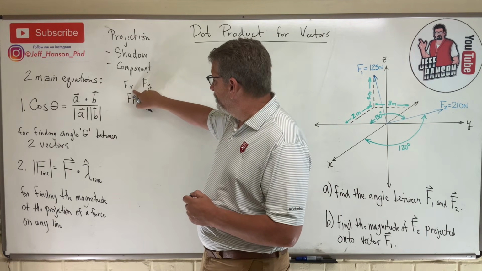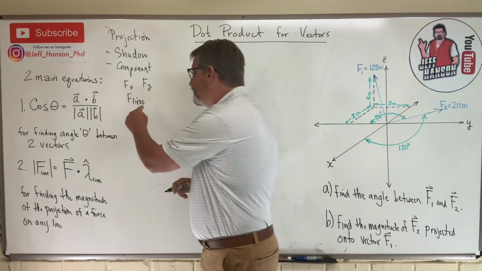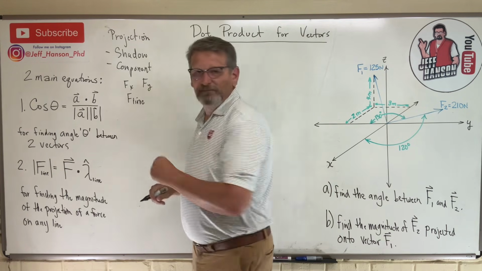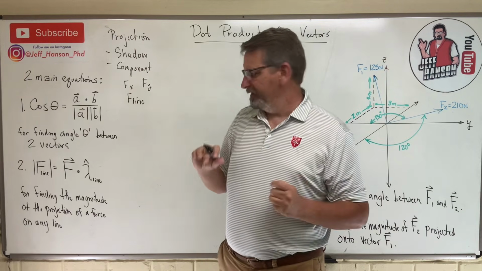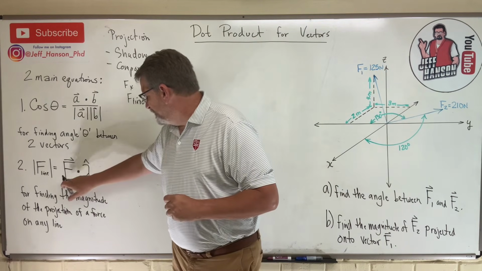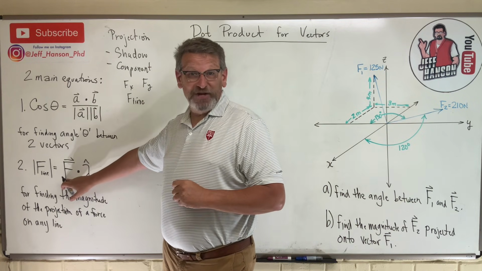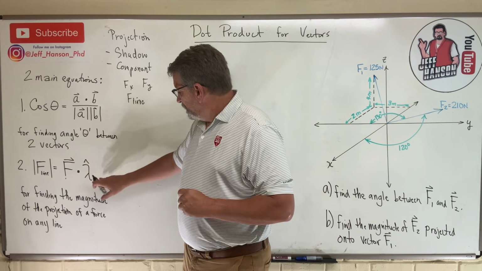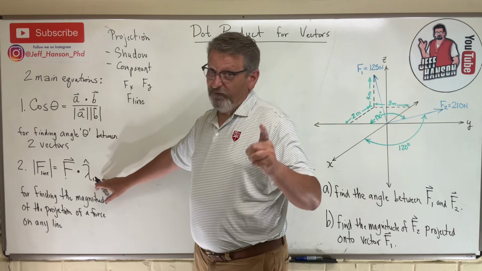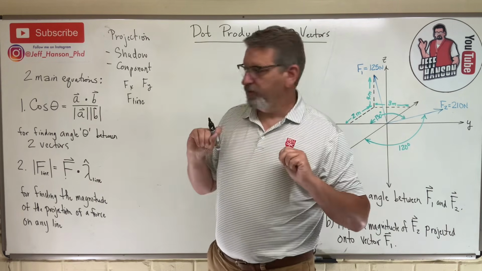It's not the component on the X, the Y, or the Z. It's the component on a wacky axis, some other line, okay? And how do we find that? We dot the force vector, the main vector that is doing the projecting, with lambda hat. We know how to find lambda hat, don't we? Of the line that we're projecting onto, okay?